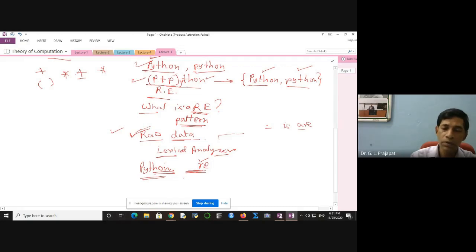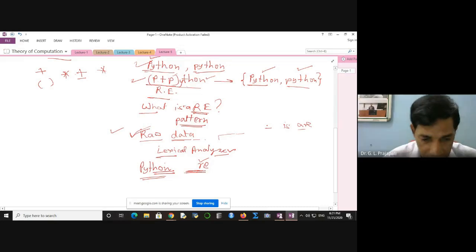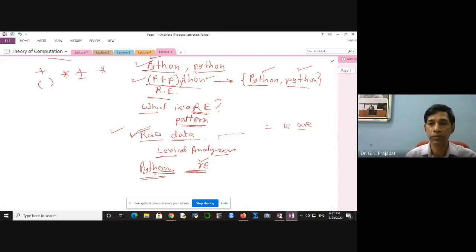So the regular expression is very important, and whenever you deal with a string matching job, your algorithm can describe the string patterns using regular expressions to find such patterns. In a text editor, you will find and replace.